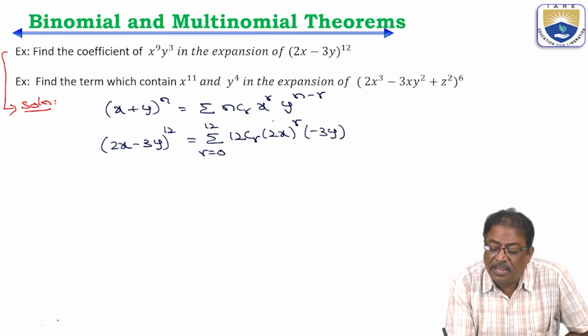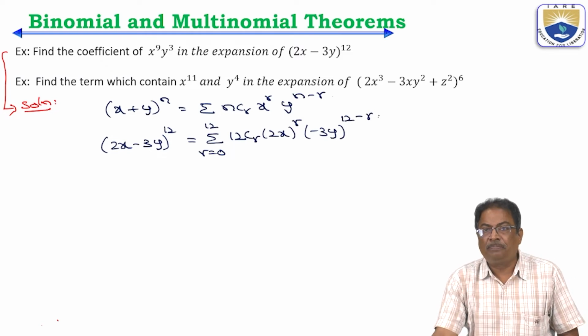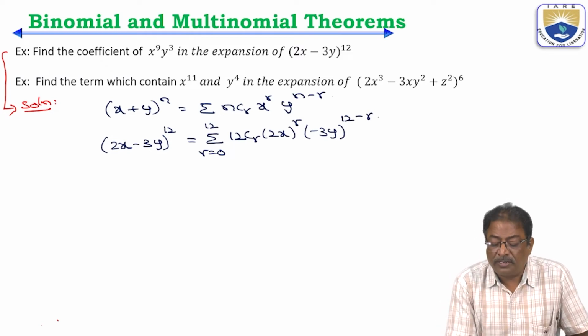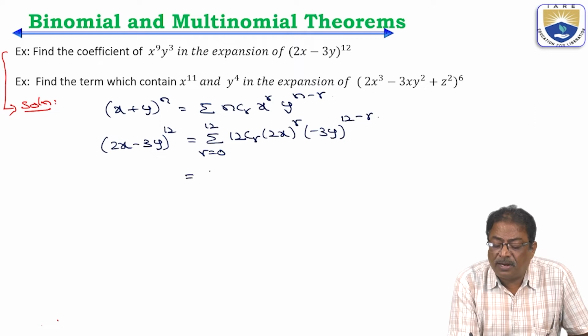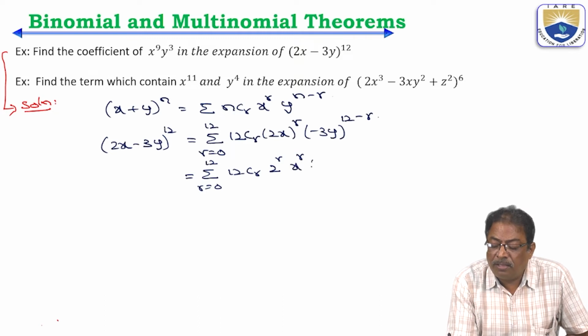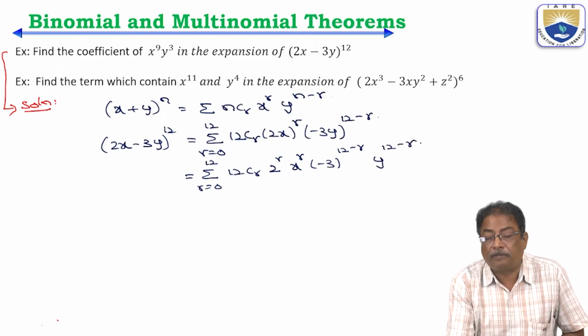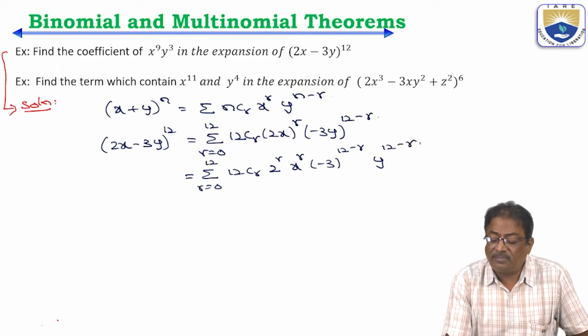So this is the summation for r from 0 to 12 of 12Cr, 2 to the power of r, x to the power of r, minus 3 to the power of 12 minus r, y to the power of 12 minus r. Now let us concentrate on these terms.